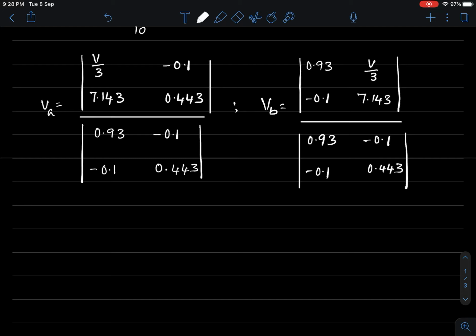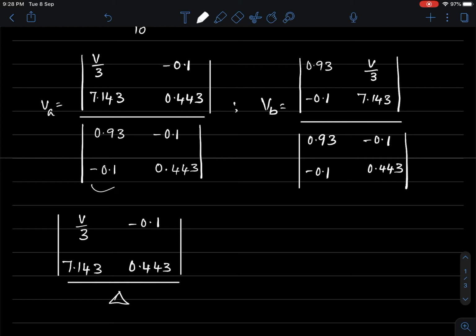The determinant V by 3, minus 0.1, 7.143, 0.443, this determinant, whole thing divided by the delta determinant. This is my delta determinant. This is equal to the VB.